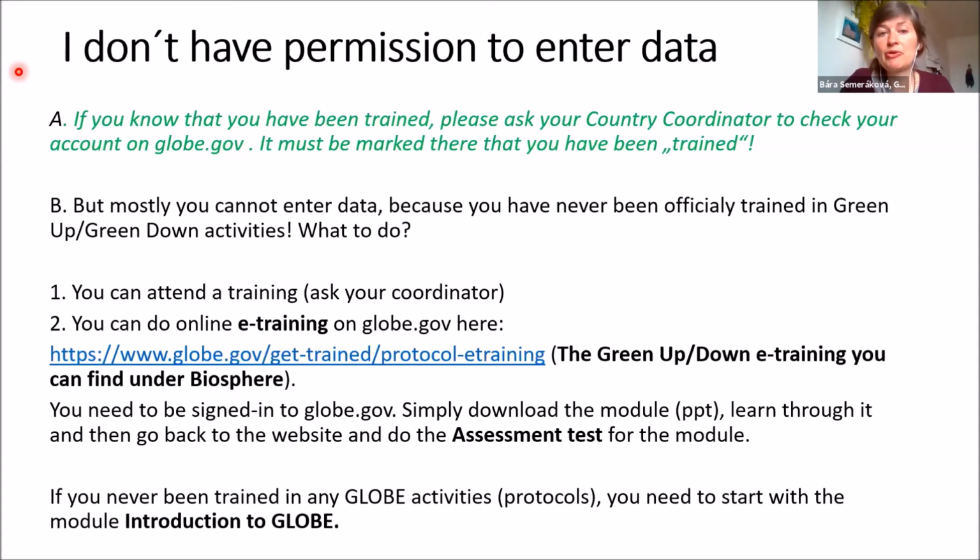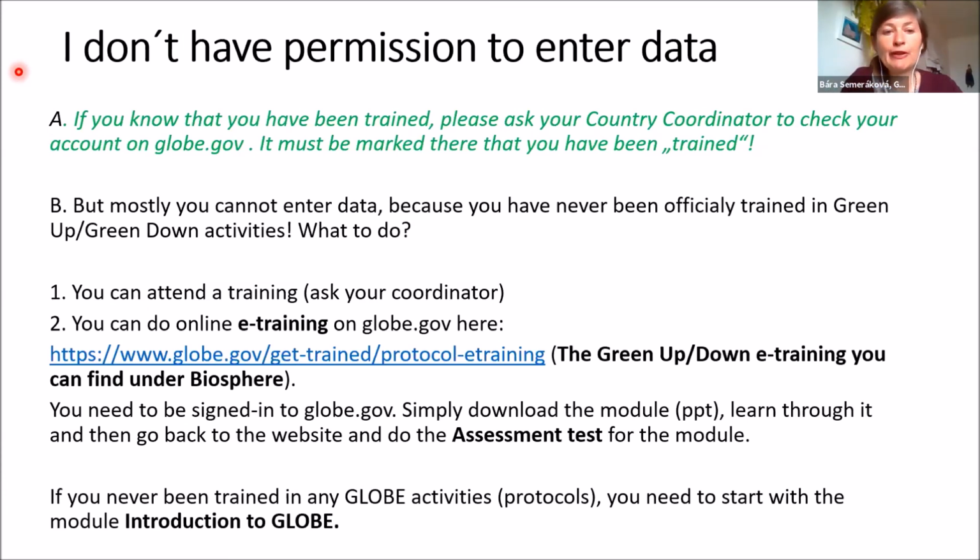So either it's because you've never been trained in Phenology and in Green Up or Green Down, or you have been trained, but it's not in the records or in the systems. For that, you should ask the country coordinator. So you should call or email your country coordinator and try to correct it with the coordinator.